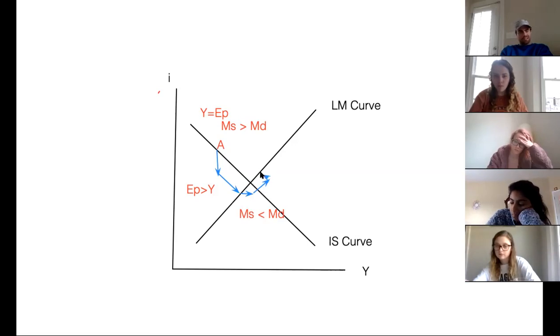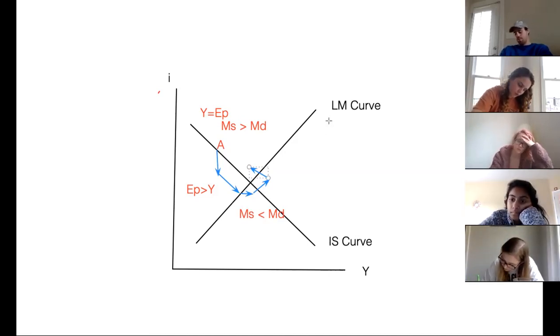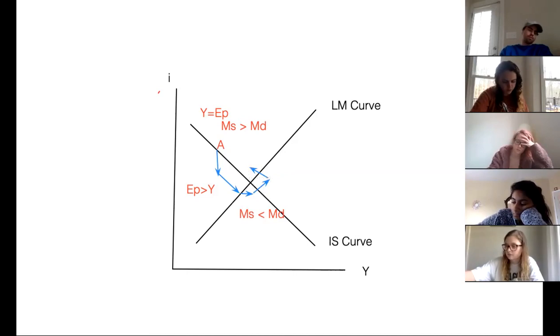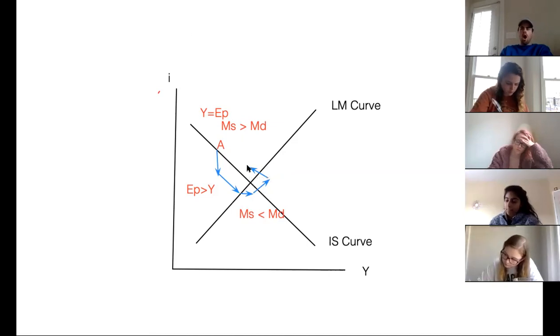And we start moving this way. We cross the LM curve, and once we do that, what happens to interest rates? We're now above the LM curve. So interest rates want to fall.